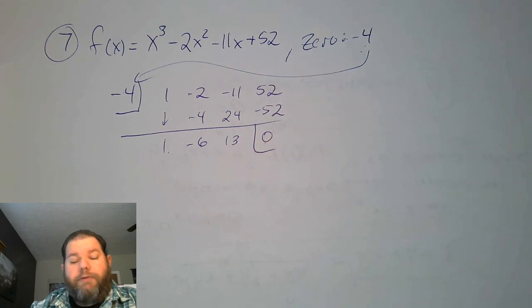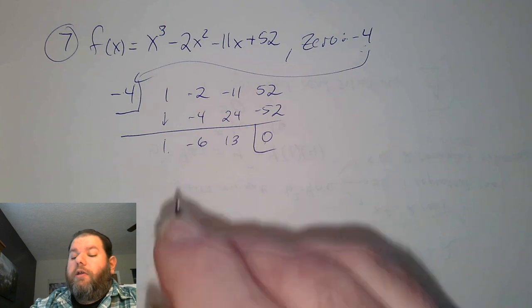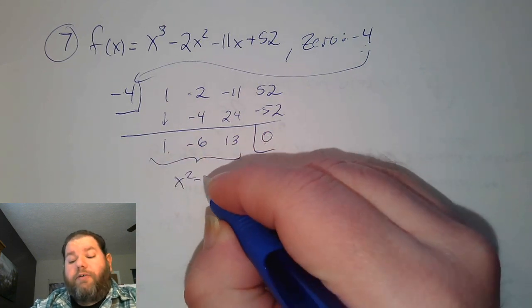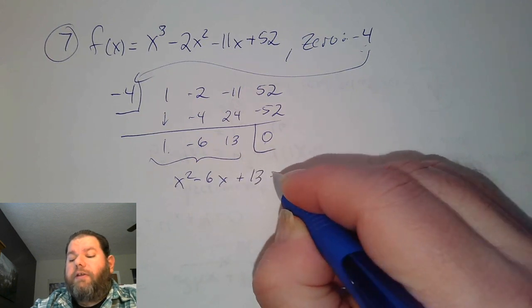It does come out to be 0. So that means our other factor, x squared minus 6x plus 13, is equal to 0.